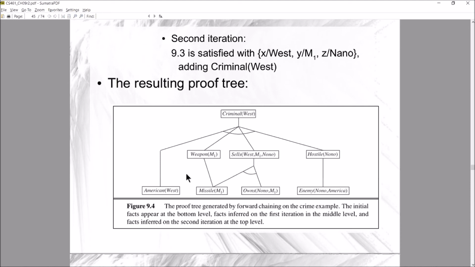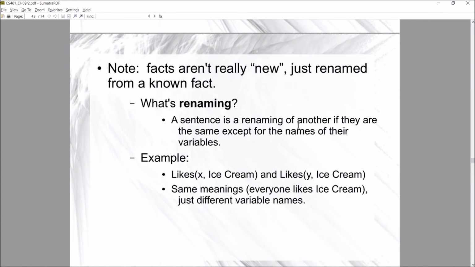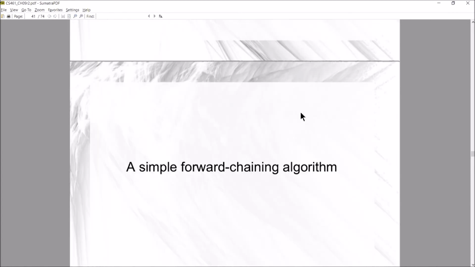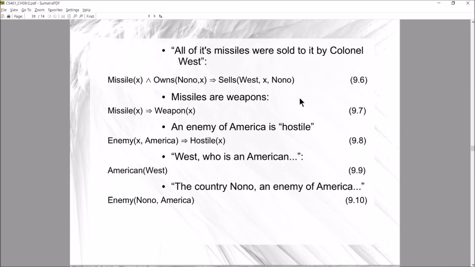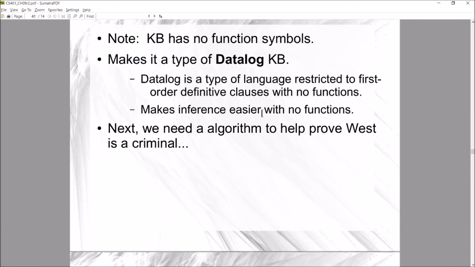All of these things together show that all four of these pieces were part of one of the original sentences we had in our knowledge base. This guy right here. See all four pieces? American, and weapon, and sells, and hostile implies criminal X. So all four of these have to be true to imply that we have a criminal.